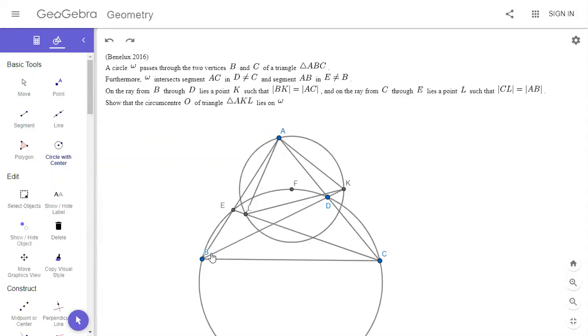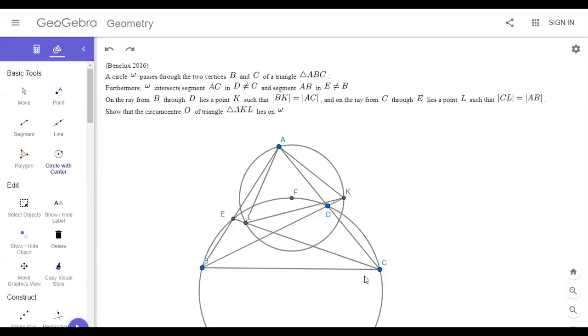Is BKA congruent to ACL? Only if, I don't think so actually. Oh, it is true. BKA is congruent to ACL.